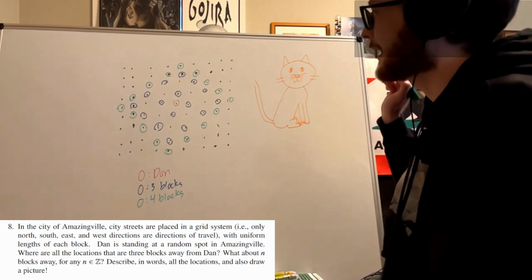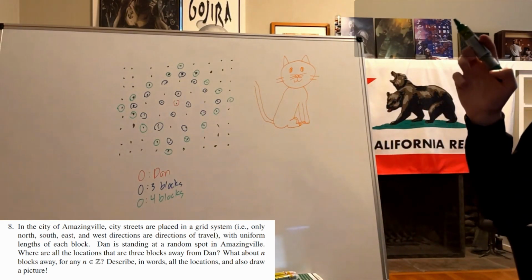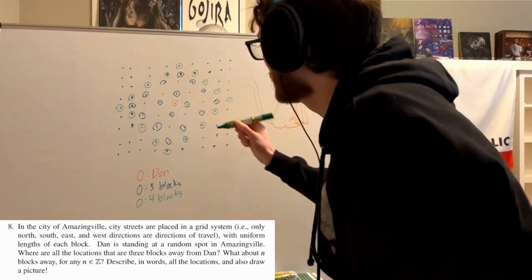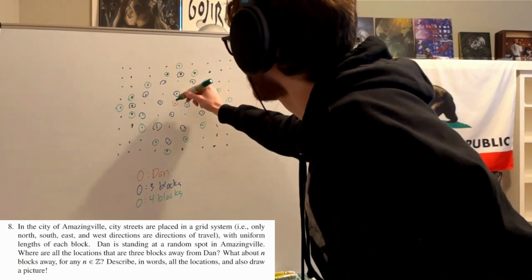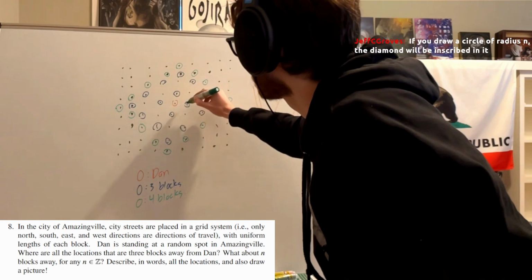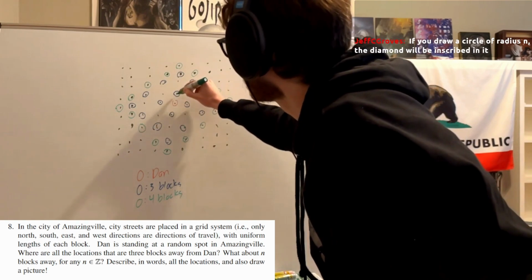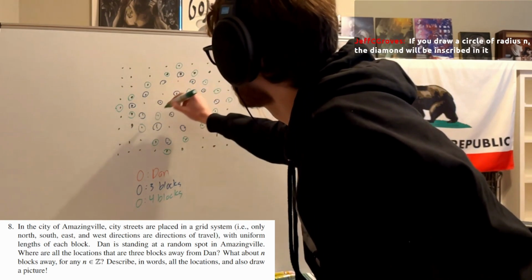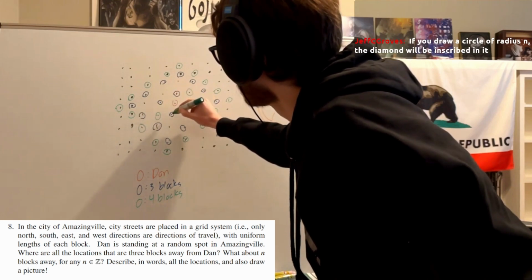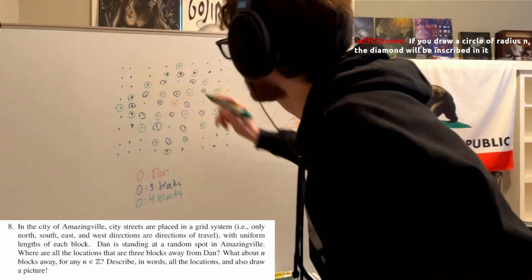Now let's see when we loop back on ourselves. So we could go 1, 2, 3, 4. 1, 2, 3, 4. 1, 2, 3, 4. We get a square here.